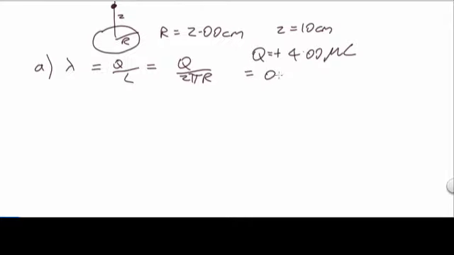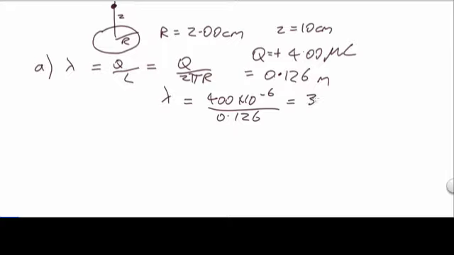That comes to be about 0.126 meters in length, and so lambda will be 4 by 10 to the minus 6 over our 0.126, and we get about 3.18 by 10 to the minus 5 coulombs per meter.